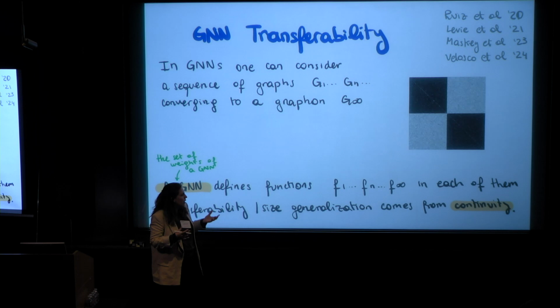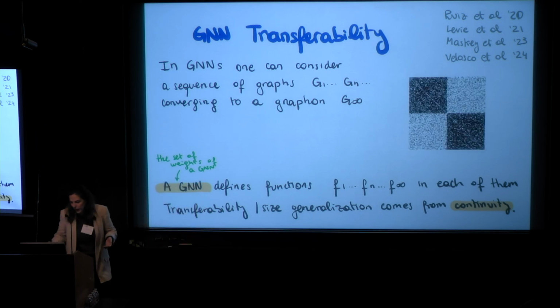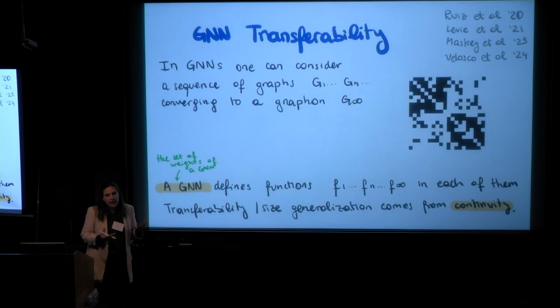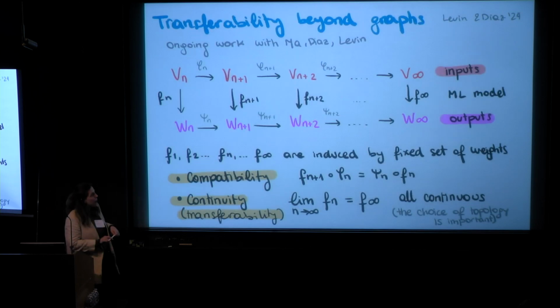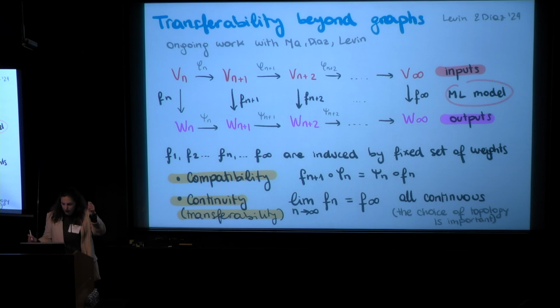The transferability comes from a form of continuity with respect to this sequence of graphs that converge to a limiting object. So you can define a theory of transferability that goes beyond graphs by thinking that you have a sequence of vector spaces that are your inputs, and you have a function defined as a machine learning model with a fixed set of parameters, but it defines a different function for each possible input size.